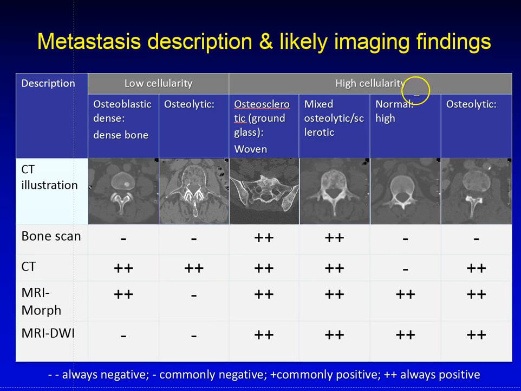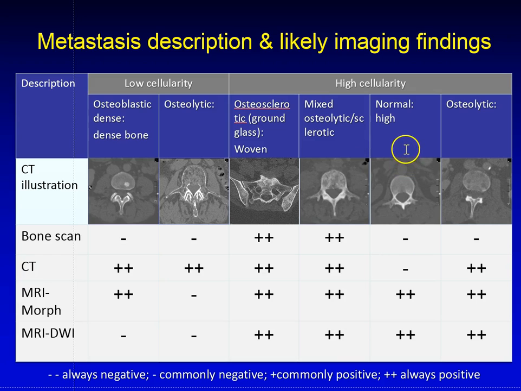Similarly, you can have high cellularity, and you can have a range of appearances from a ground glass woven bone type appearance to an osteolytic pattern and even a normal pattern. But the most common pattern one sees is the osteolytic, osteosclerotic pattern, which is often seen in breast and prostate cancer.